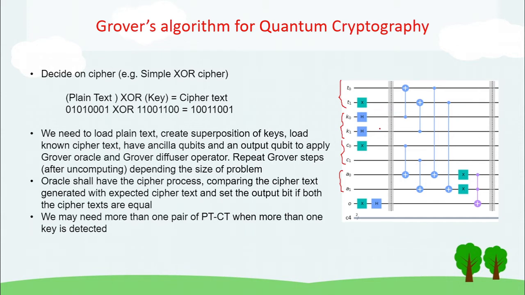So at this point we will have all combinations of keys that will be combined with the plain text, so that we will get all combinations of ciphertext at this point. So that will be compared with the given ciphertext here. Okay, if they are equal, then it will flip the value here.